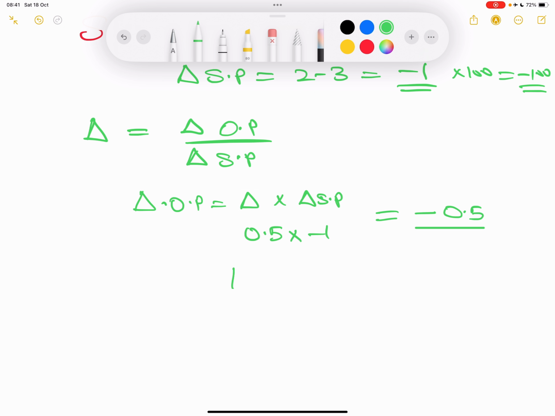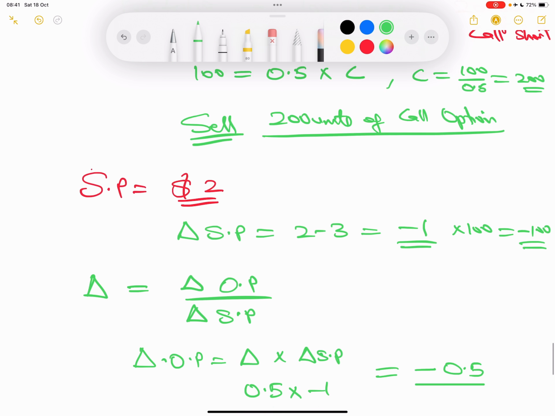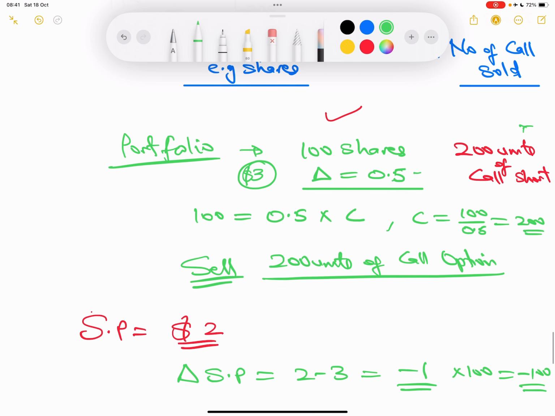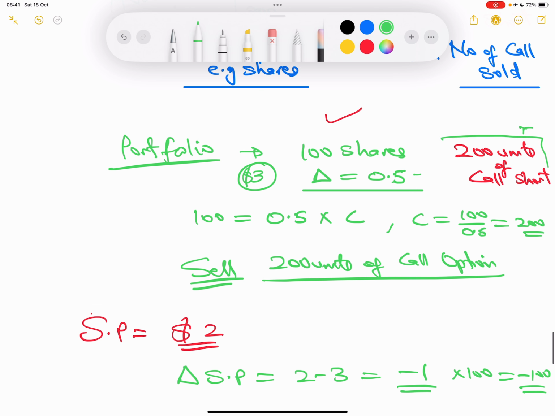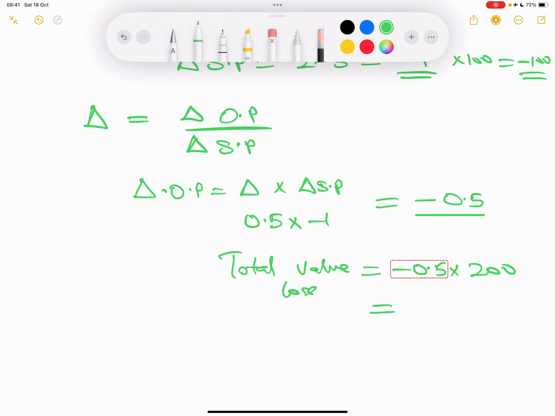So that option has lost value by minus 0.5 per option, which means the total value loss on that option is minus 0.5 times the 200 units we sold. Remember, 200 units to achieve our perfect delta hedge. So the total loss of value is minus 100. But remember, all the calculations are always done from the buyer's perspective.